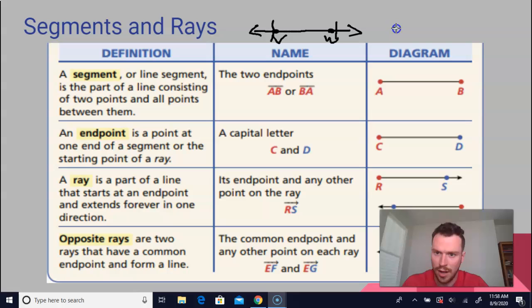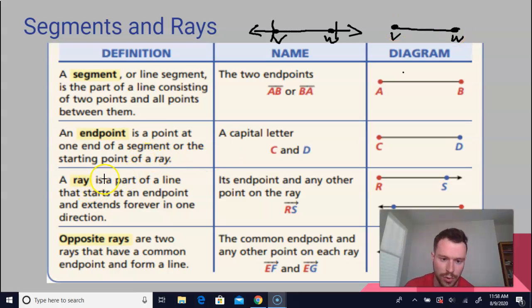So then I have this segment of a line with points V and W. So here is the line, here is the line segment. Now, a line extends forever in both directions, but the segment has 2 definitive endpoints. So the endpoints are where it ends.